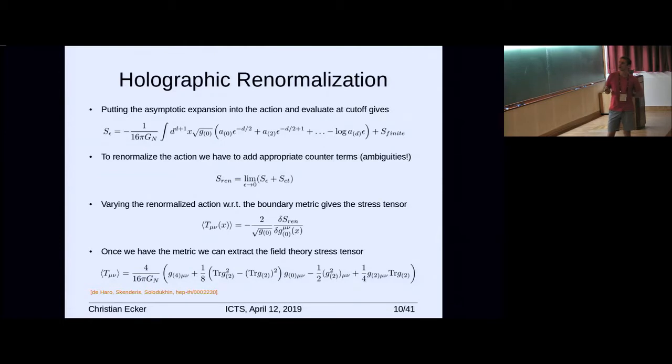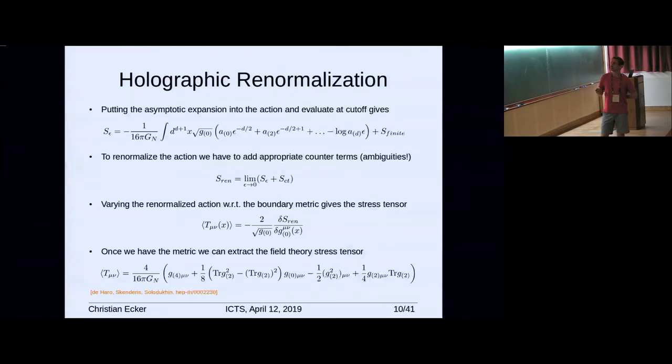To renormalize the action, we have to add appropriate counter terms to the original action such that these divergent terms are cancelled. Usually this comes with some ambiguities, and these you have to fix by some assumptions on the correlation functions that you get in the end, like that they vanish at zero temperature, for instance, and so on.